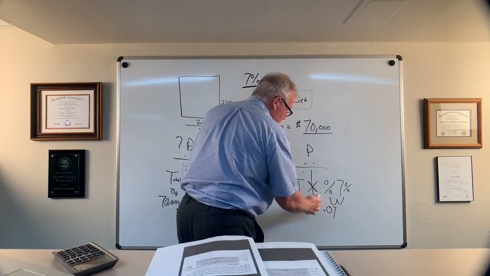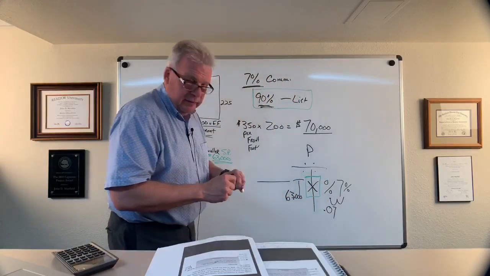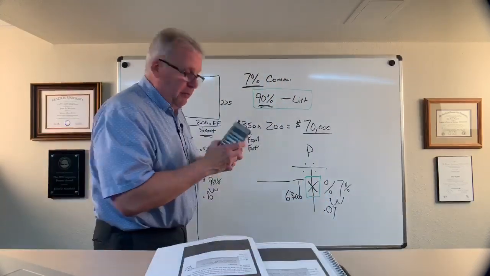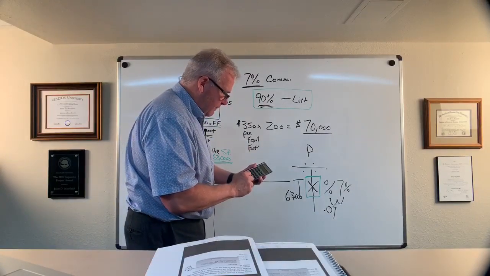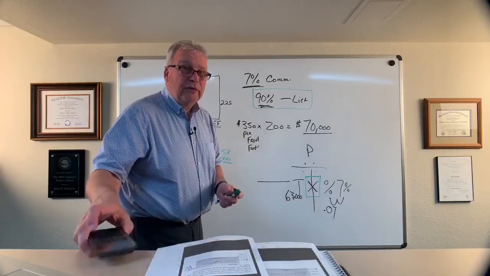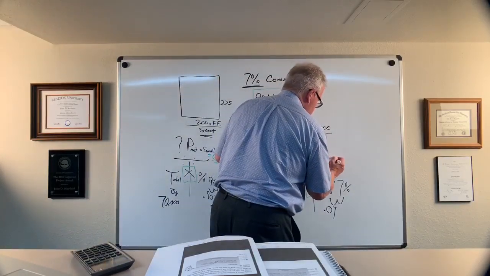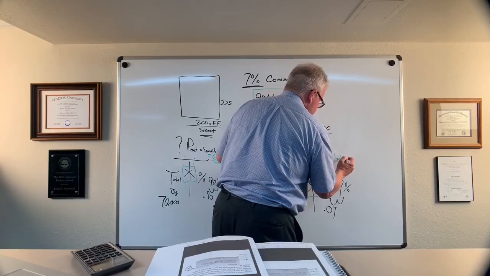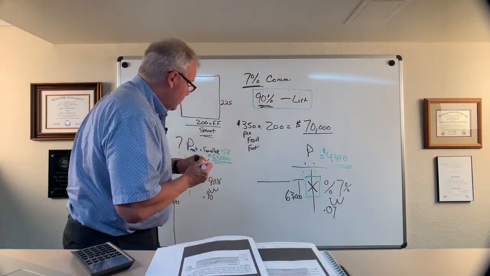So if we have the bottom 2, what's the math symbol? Multiply. So we take 63,000 times 0.07 and we get $4,410. That is the broker's commission.